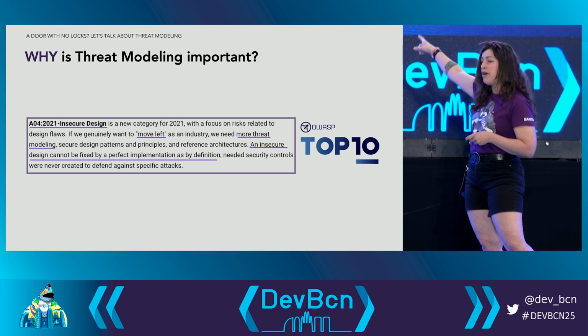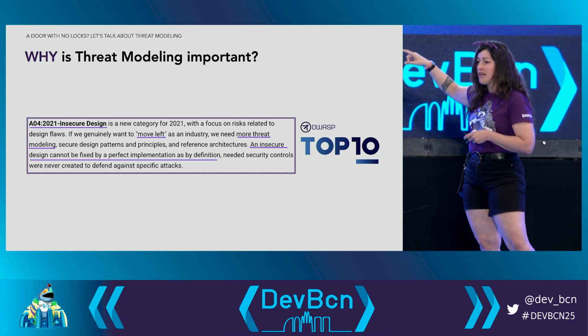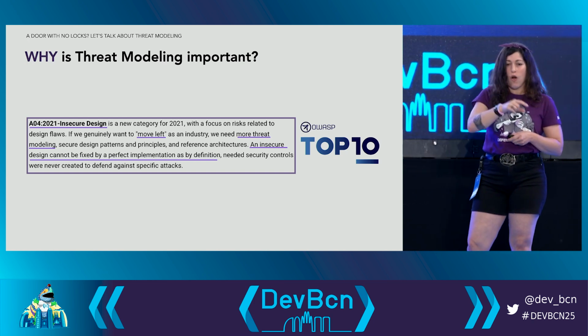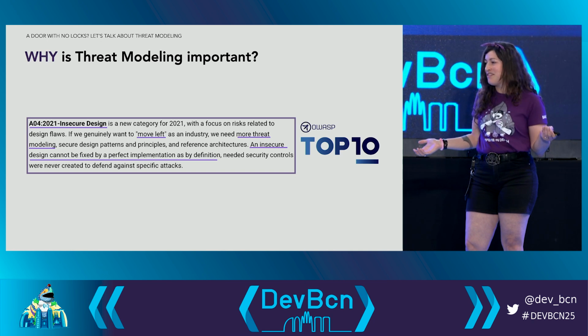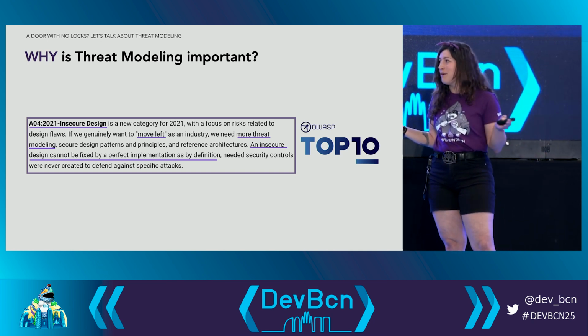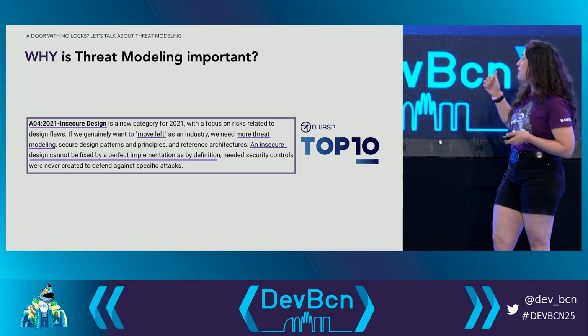You can have a perfect implementation of a flawed design. If your design wasn't considering everything that has to be considered around security, you have a perfect implementation, but it's also pretty hackable. Oh, they're having a party somewhere. Good for you.